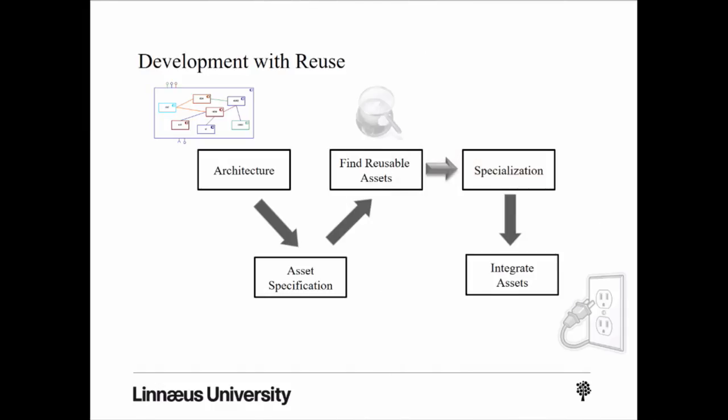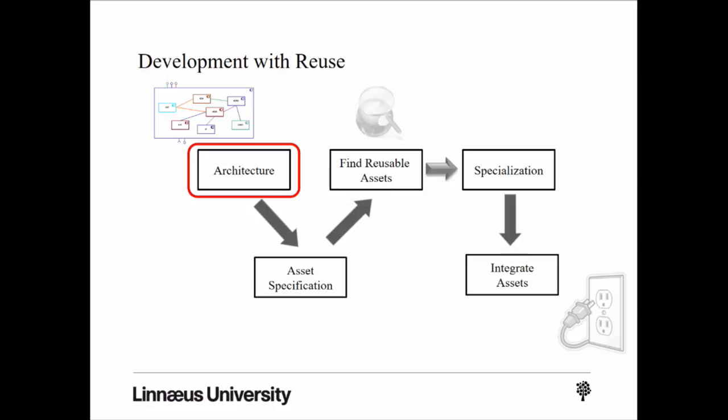Still, when you have the architecture, that is kind of abstract still. So you need to specialize and you need to integrate the assets to better match the interacting components in your architecture.